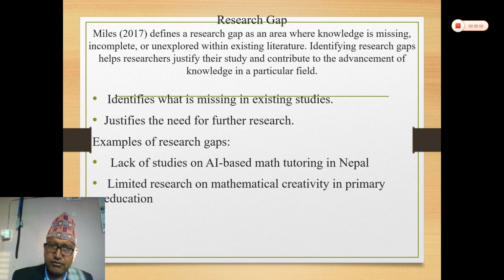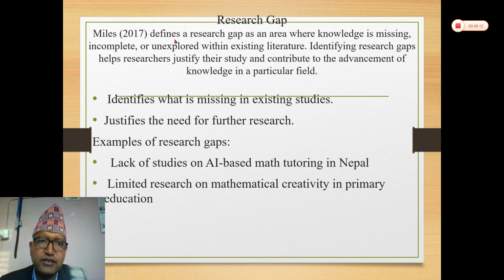And research gap. According to Miles, that is the paper provided by our facilitator, we studied Miles' paper 2017, which defines a research gap as an area where knowledge is missing, incomplete or unexplored within existing literature.